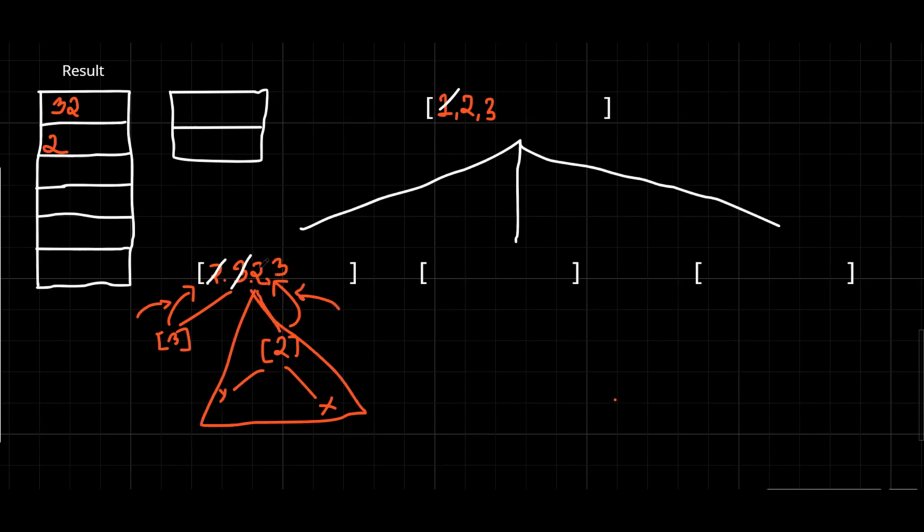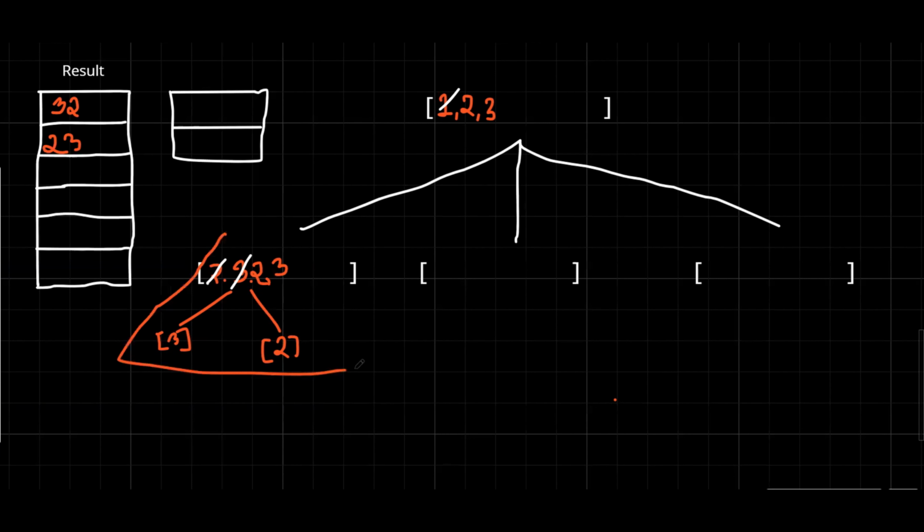Anyways, our vector now contains 2 and 3. Now we have explored all of the subtree of this node, and we have to return from this node as well. So we are returning to the root of the tree.